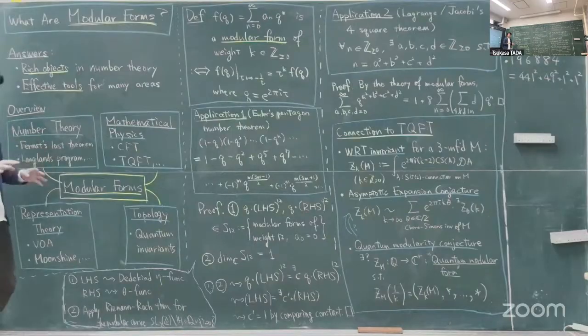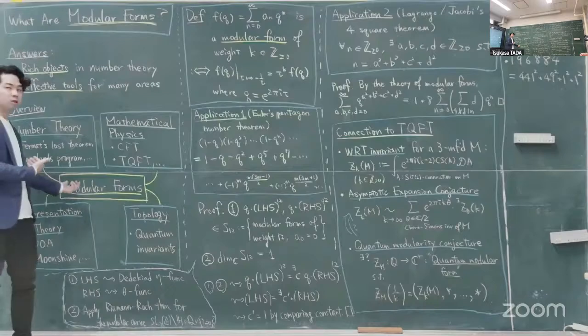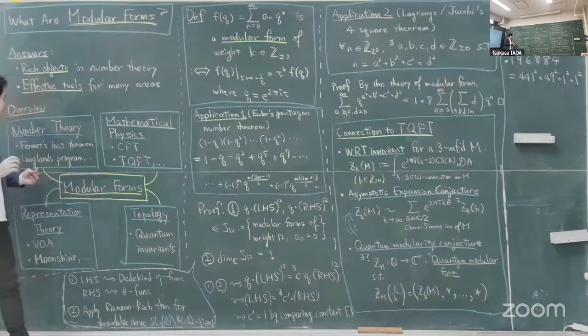Fermat's last theorem was proved by Wiles using modular forms, and in his proof, modular forms appear in the Shimura-Taniyama conjecture, which states a relation between modular forms and elliptic curves. Such a theorem is generalized to the Langlands program.